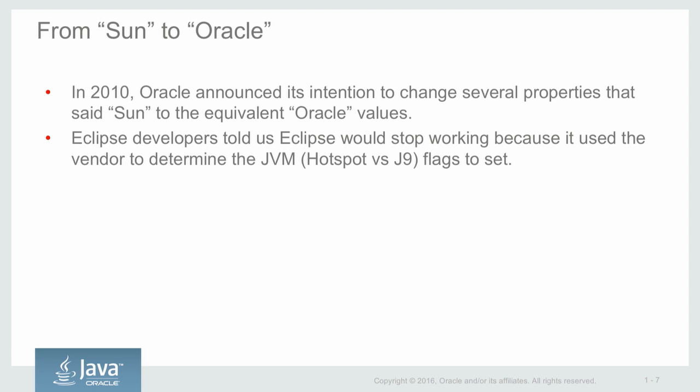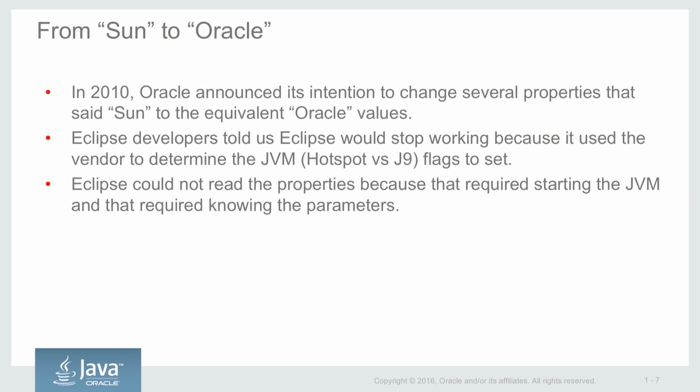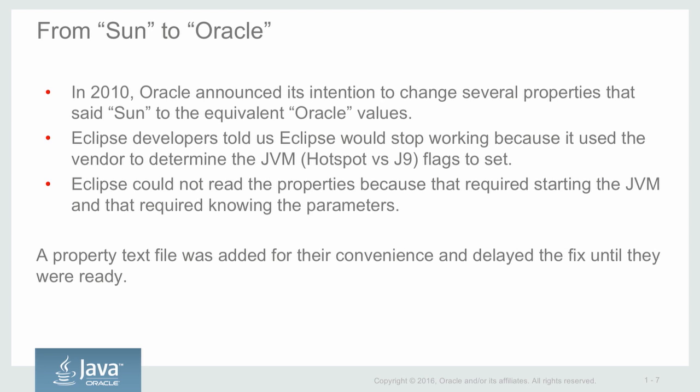They actually read the vendor property to decide which parameters to pass to the JVM. So our answer of why don't you just start a JVM and ask for the properties doesn't work, because we needed to know what it was in order to start the JVM. And therefore, there's a text file now in the JDK that has some values that some people use to decide these things ahead of time.